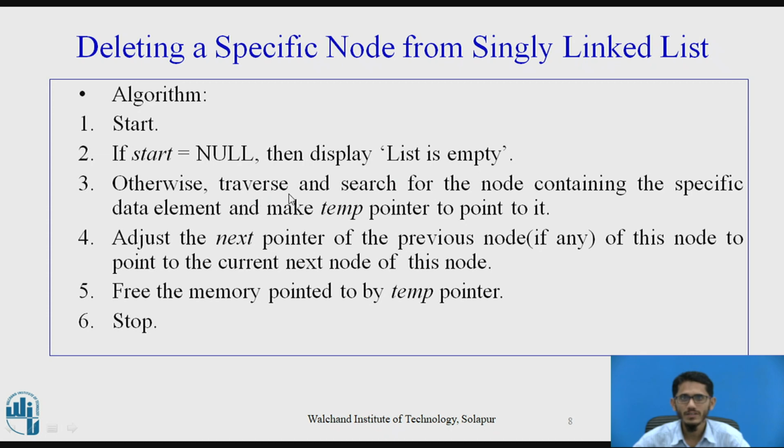Otherwise, we are going to traverse our linked list and search for that node that contains a specific data element which the user has specified, and then we are going to make a temporary pointer temp to point to that node, and afterwards we are going to adjust the next pointer of the previous node, that is if there are any previous node of this current node, then we are going to make its next pointer to point to the next node of the current node that we are having.